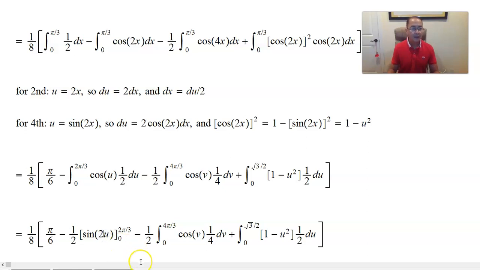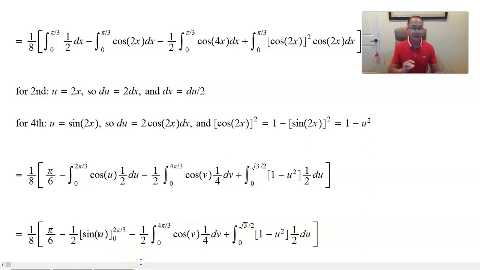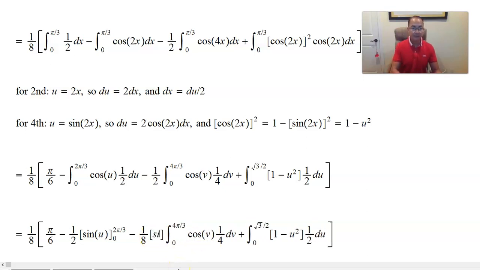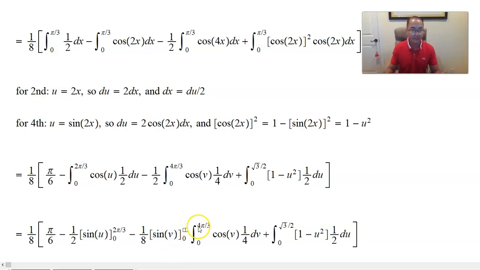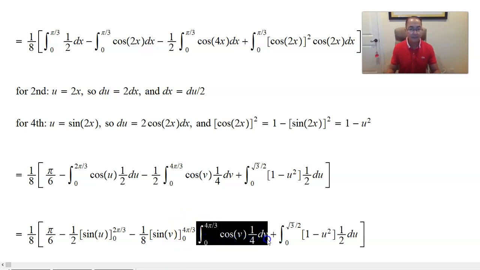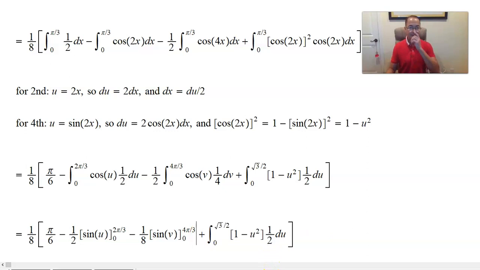I'm sorry. It's just sine of u. Take the 1/4 out, we get minus 1/8. And integral of cosine is again sine, so we get sine of v. And we're integrating from 0 to 4 pi over 3. Okay.